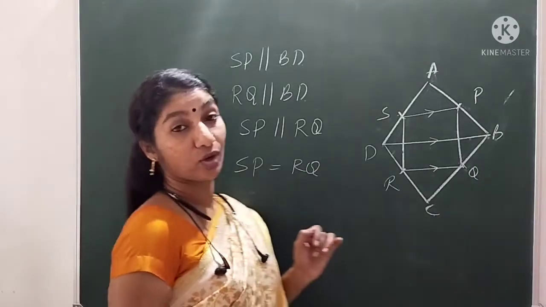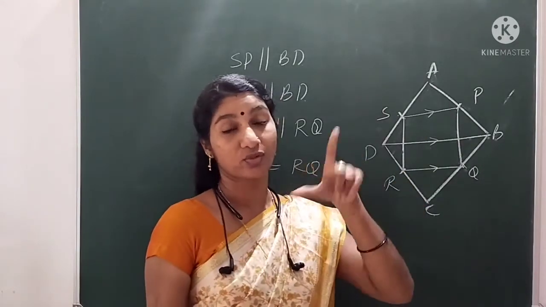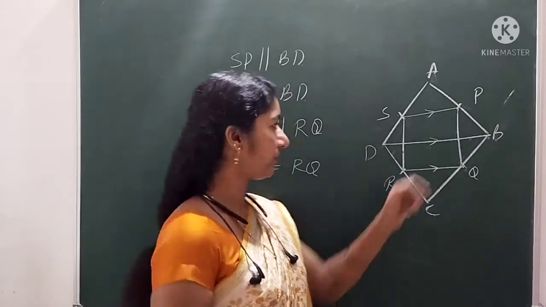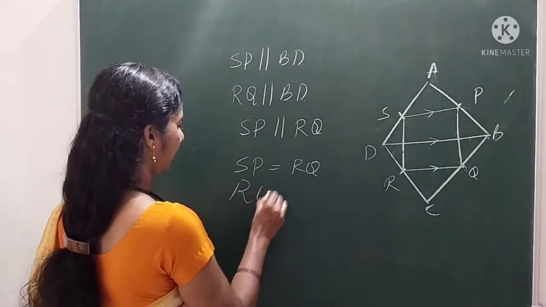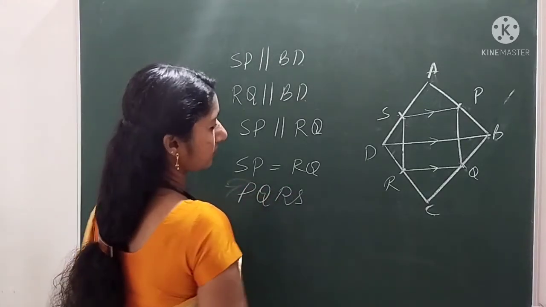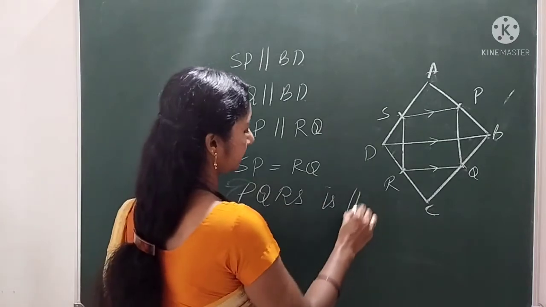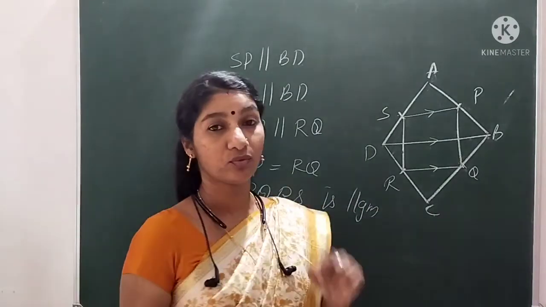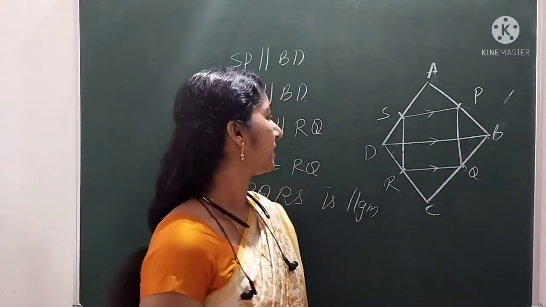Now in quadrilateral PQRS, one pair of opposite sides is equal and parallel, so this is a parallelogram. We got PQRS as a parallelogram.